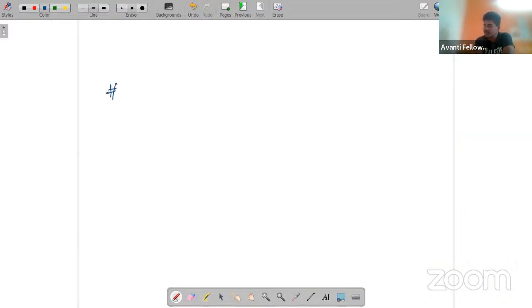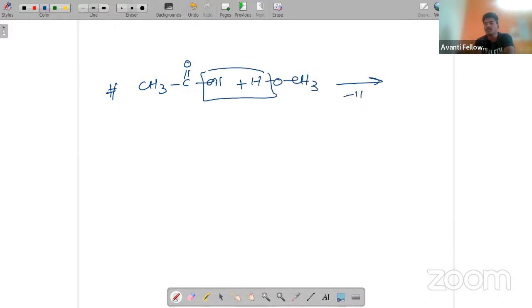Let's suppose I have CH3, C double bond O, OH plus methyl alcohol, HOCH3. Now both will combine and leave as H2O.